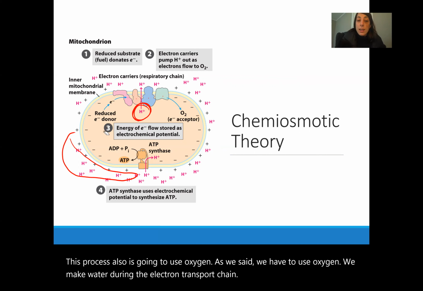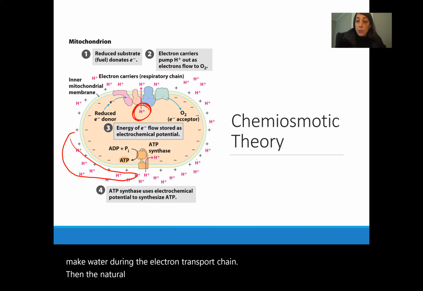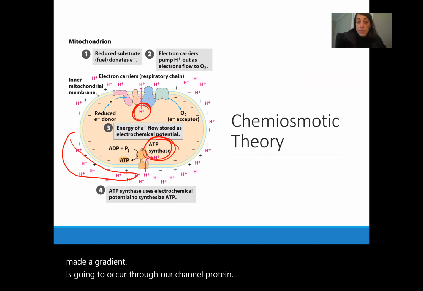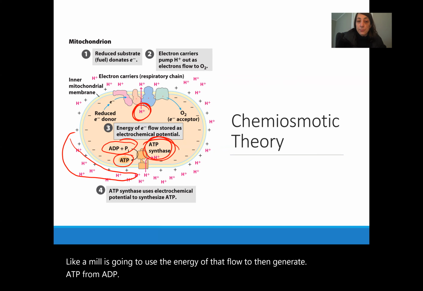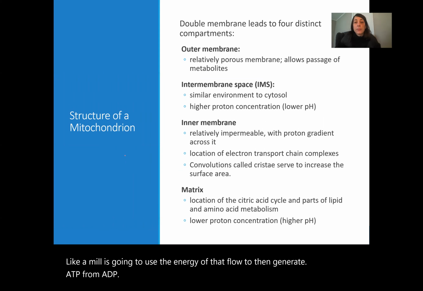Then the natural flow of these protons back to the inside, because now we made a gradient, is going to occur through our channel protein, which, like a mill, is going to use the energy of that flow to then generate ATP from ADP. So that's the overview of the process.